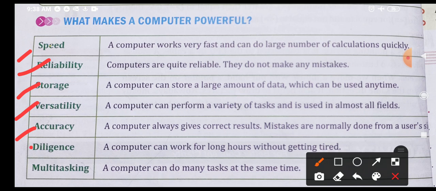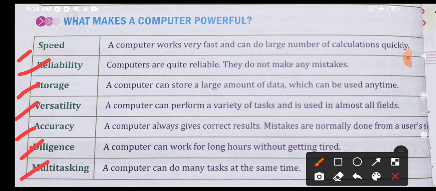Next is diligence. A computer can work for long hours without getting tired. Now a computer is a machine. Machines never get tired. Human beings get tired, but machines never get tired. So you can work on a computer for a long time.